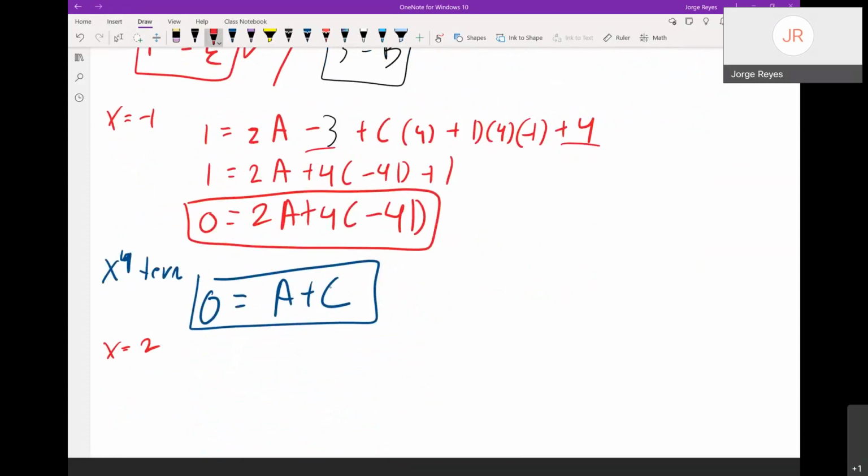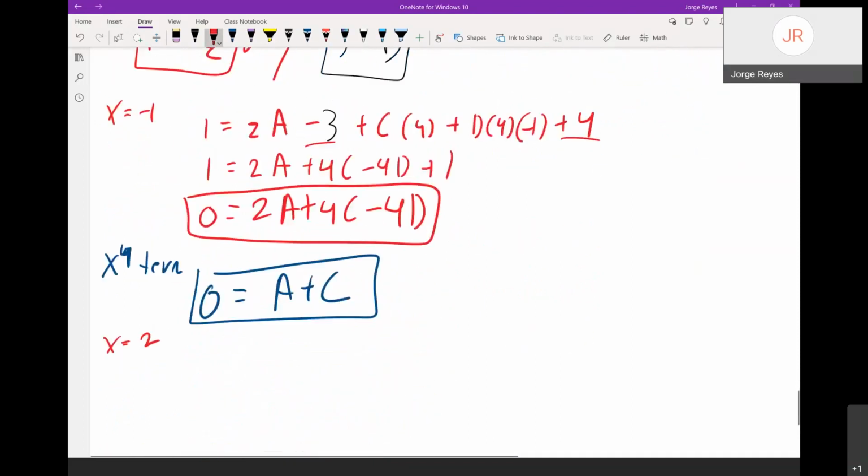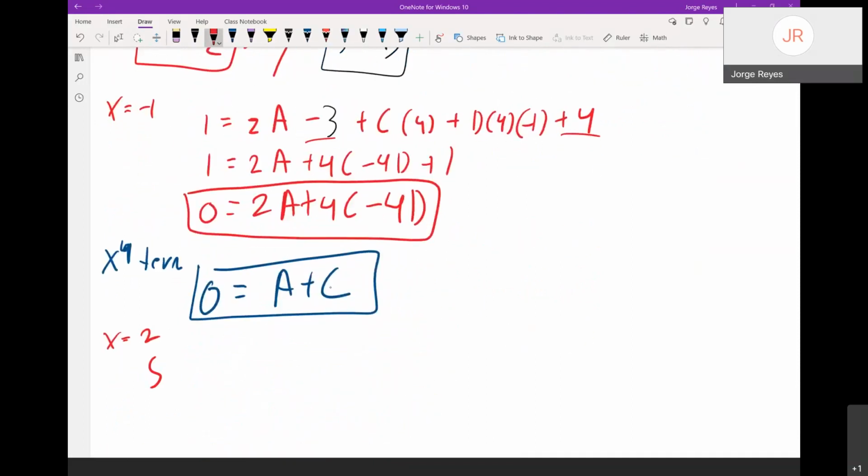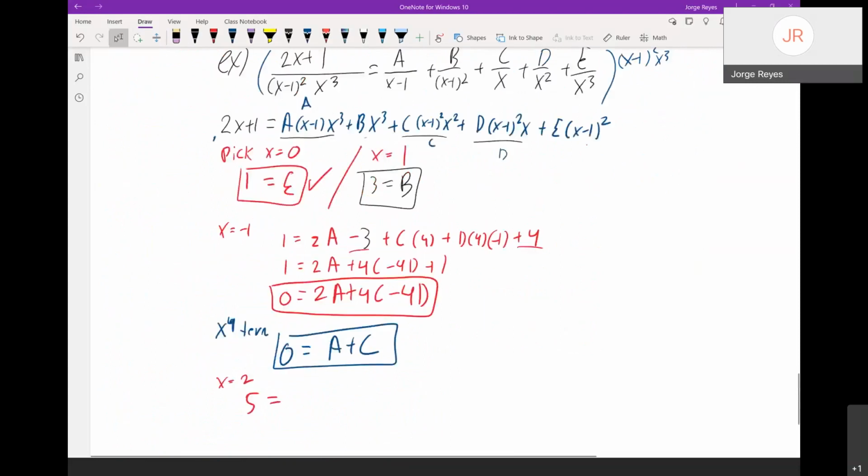I'm going to plug in x equals 2, because I'm running out of all the good numbers. So if I plug in x equals 2, I'm going to get 5. And then I'm going to have to zoom out.